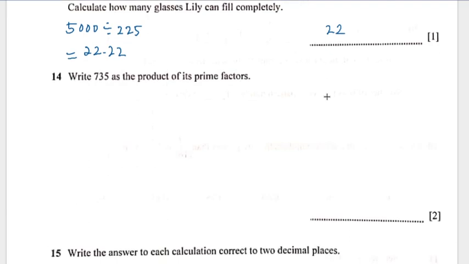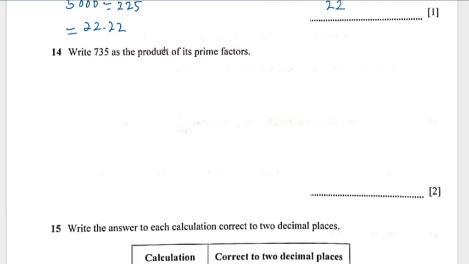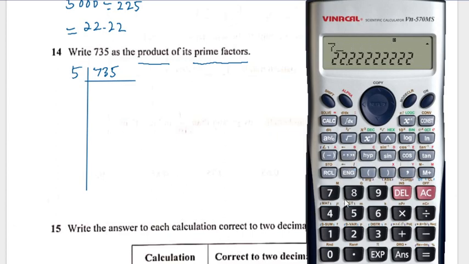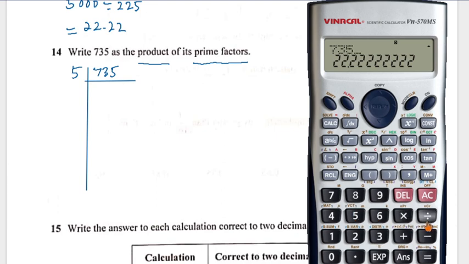Okay, number 14. Write 735 as the product of its prime factors. I bet some of you have forgotten how to do this, right? To get the prime factors, you just divide by the prime factors until you get 1. So we use repeated division here. 735 ends with 5, so I can divide by 5. 735 divided by 5 is 147.